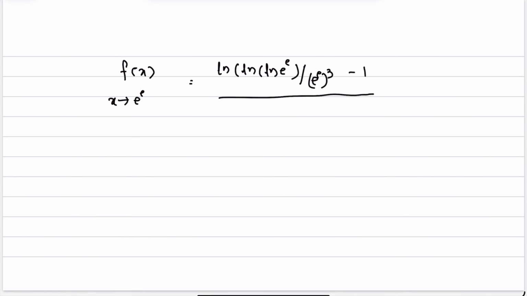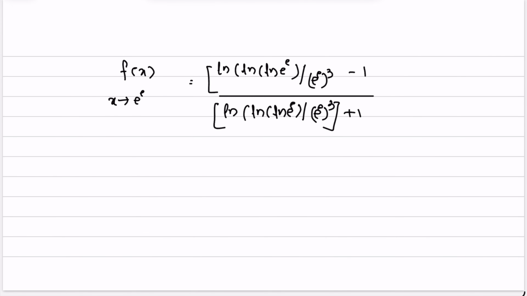When x tends to e to the power of e, let us say function f(x) when x tends to e to the power of e, what happens? ln of ln of e to the power of e divided by e to the power of e whole cube minus 1, whole divided by ln of ln of e to the power of e divided by e to the power of e whole cube plus 1.